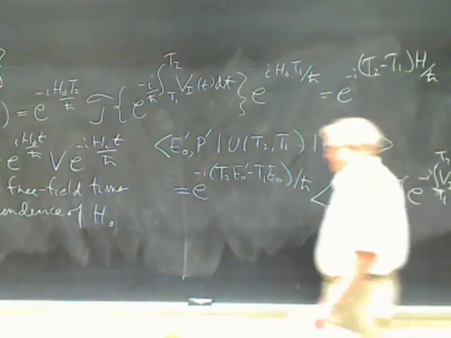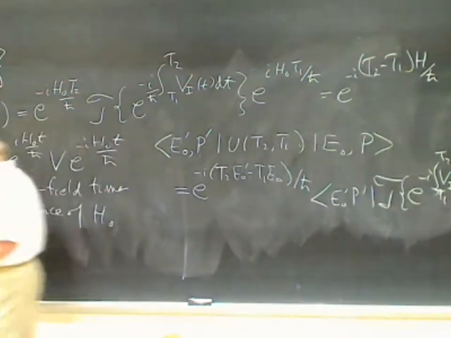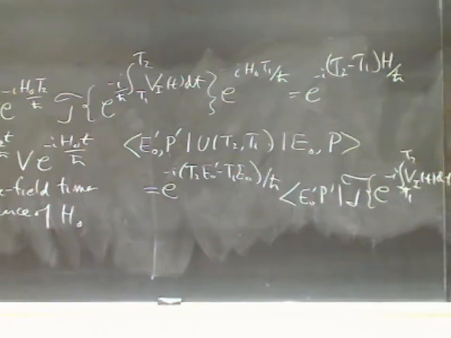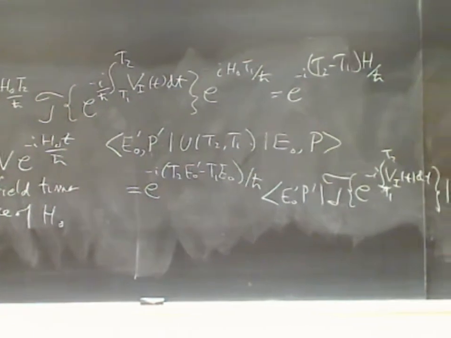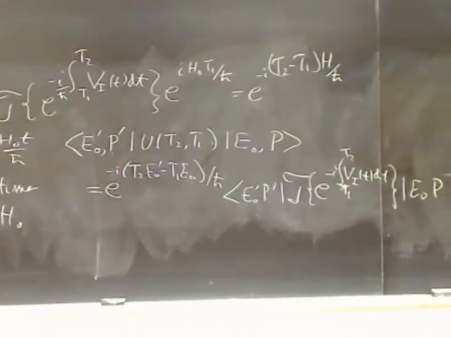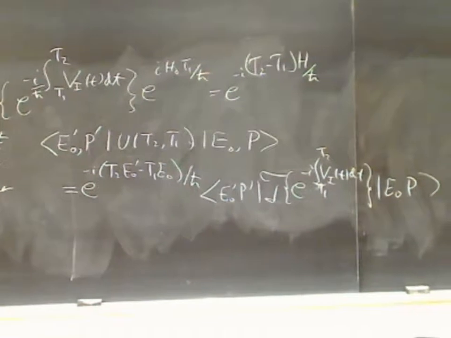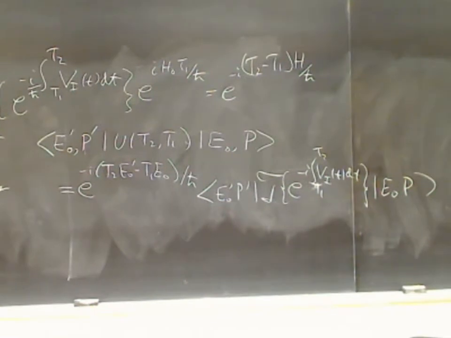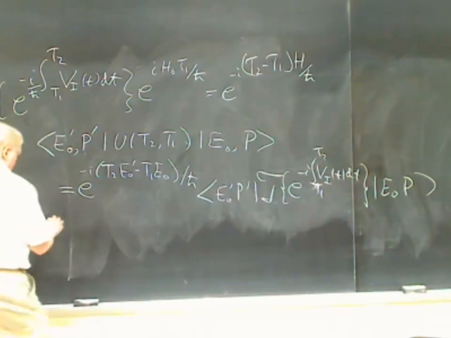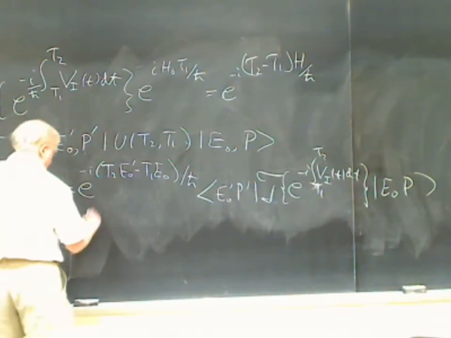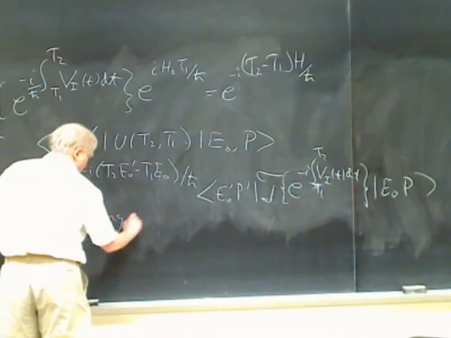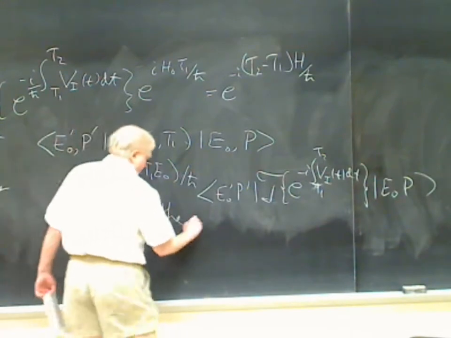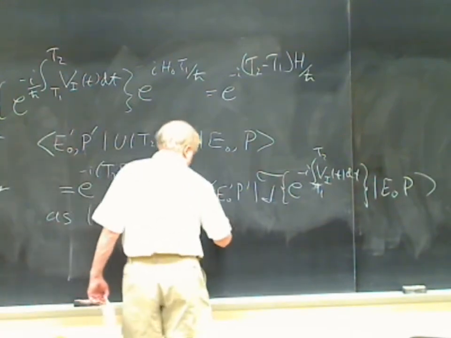So in other words, these H0 terms, in the front and the back of the time evolution operator, just produce a phase factor out in front, as long as we're talking about eigenstates of the free Hamiltonian, the initial and final states.